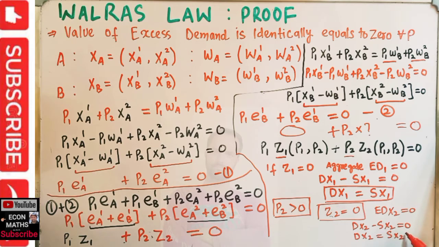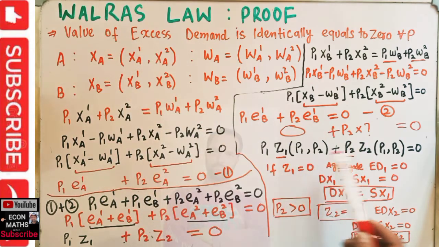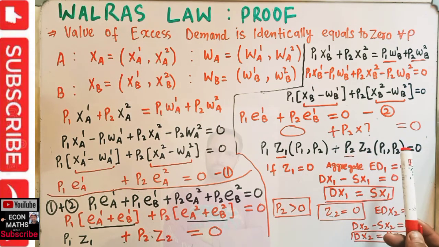That means the market for good 2 is also clearing, so it is also in equilibrium. So we have seen the value of excess demand is identically equal to 0 for all prices.